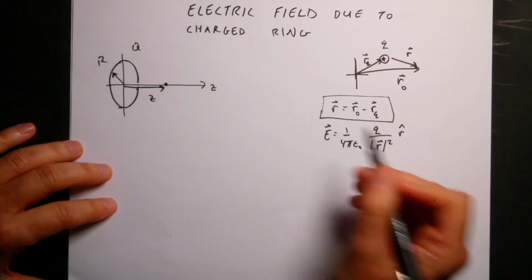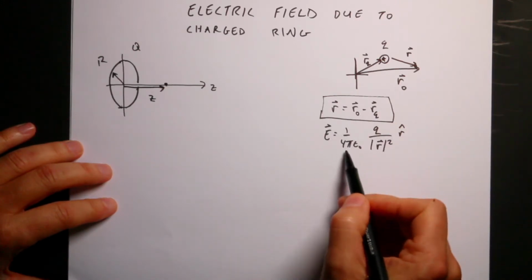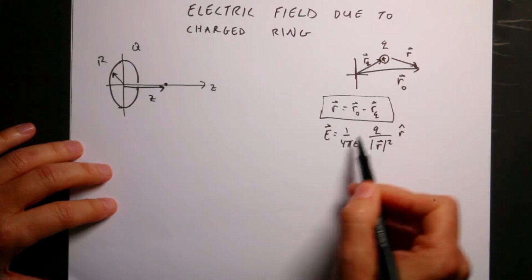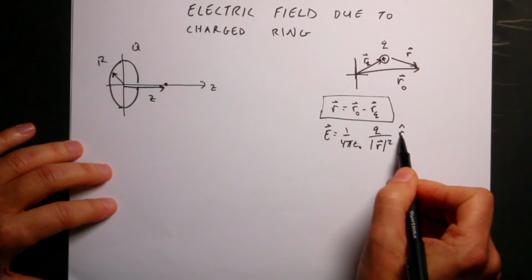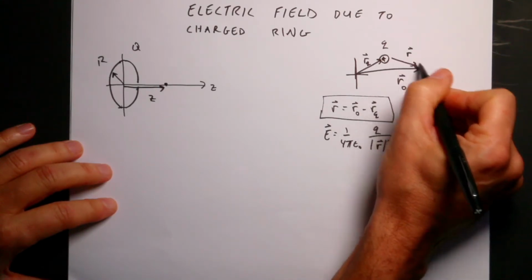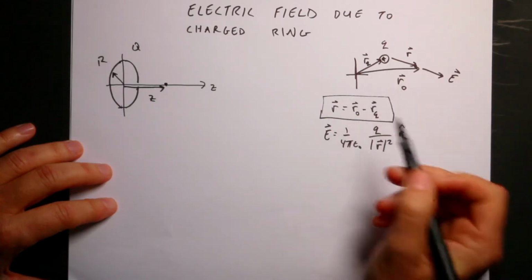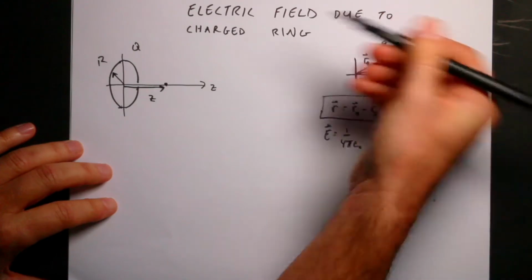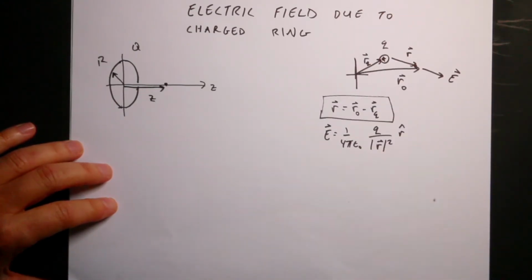Then the electric field due to a point charge is 1 over 4 pi epsilon naught, that's just a constant, times q over the magnitude of that distance squared times the unit vector r hat. That unit vector points in the direction of r, so that gives an electric field in that same direction if q is positive. If q is negative, it'd be going the other way. So we're all cool right there, but hopefully that's a review.